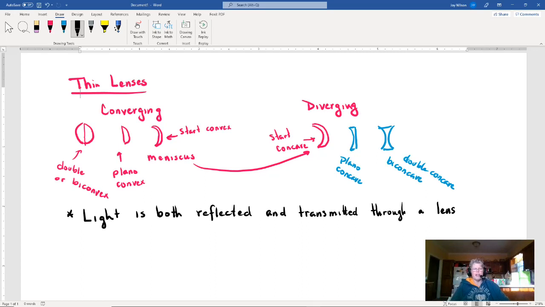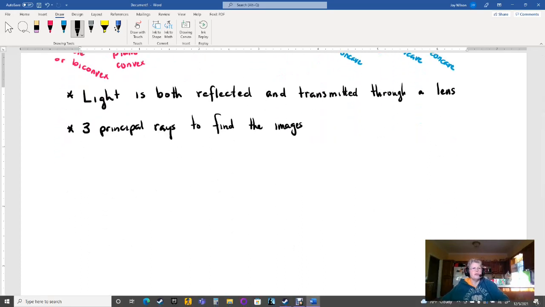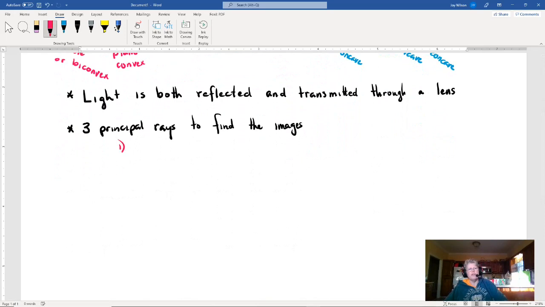So, reflected and transmitted. And we're still going to have our three. This time we're really going to use the three principal rays to find the images. These will be the same rays that we did with mirrors. We're just adding one. First ray, central ray. Second ray, parallel to the principal axis.